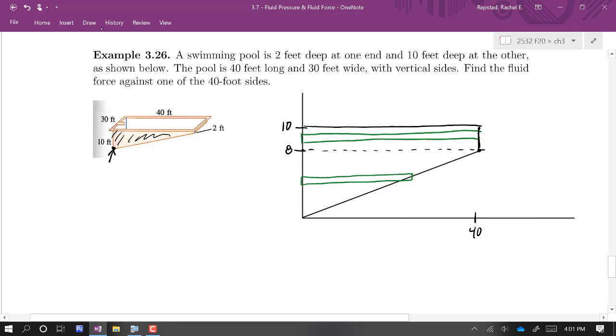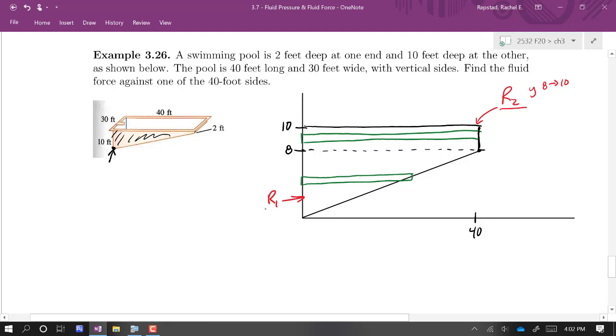I'll call the bottom region region 1, and I'll call this one region 2. In region 2, y goes from 8 to 10, right? So when we set up that integral, we'll integrate from 8 to 10.